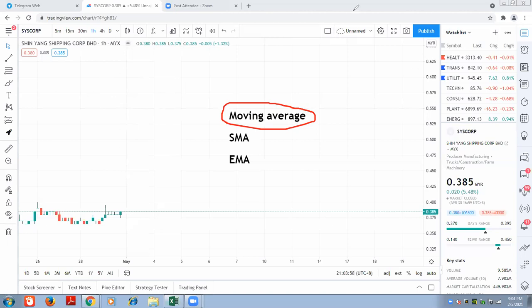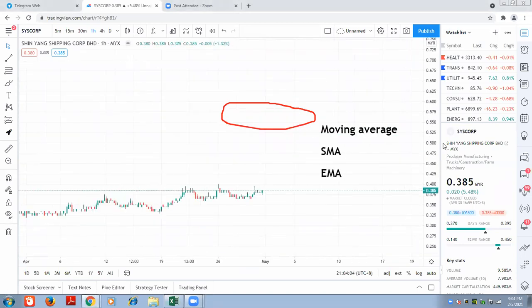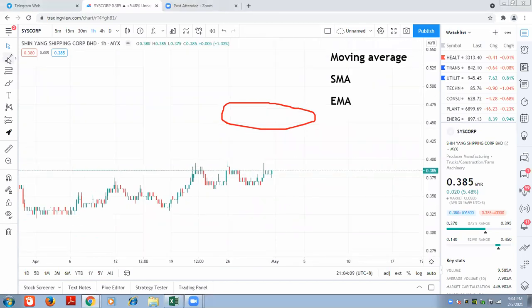Let me give you an example. I don't put the indicator on yet, so I just want you to see. This is what the MA line looks like. It passes through the candles.